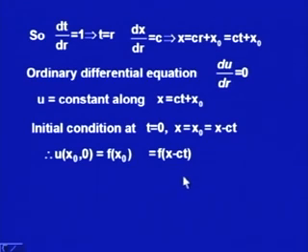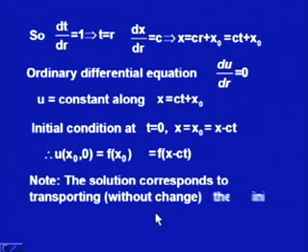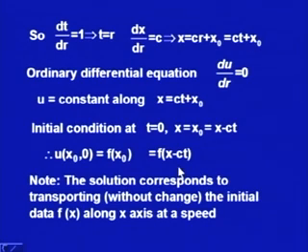Now, you do remember this is how we got the solution for the unknown function as f of x minus ct. The argument was x minus ct, and that f, the arbitrary function, we have defined by the data, that is the initial condition f. So in this method, we are changing our partial differential equation to an ordinary differential equation in such a manner that my unknown function u remains constant along that curve.